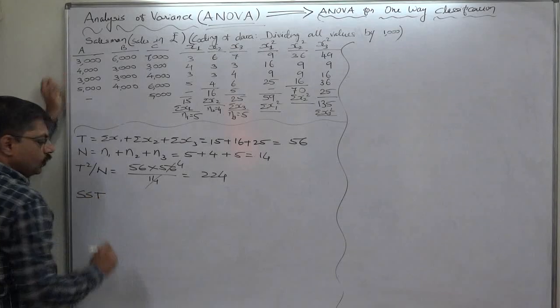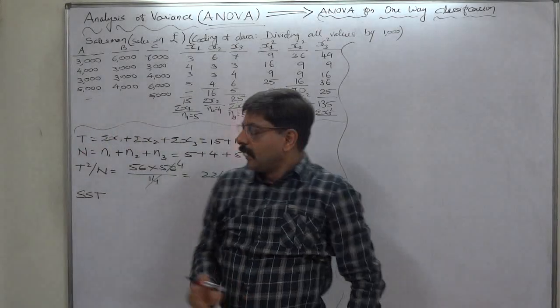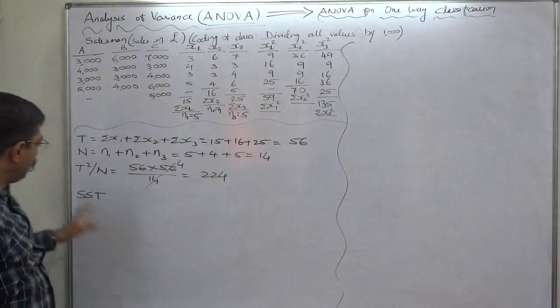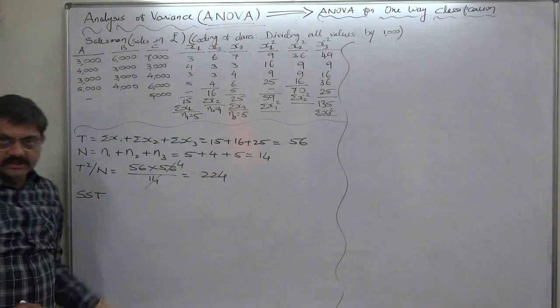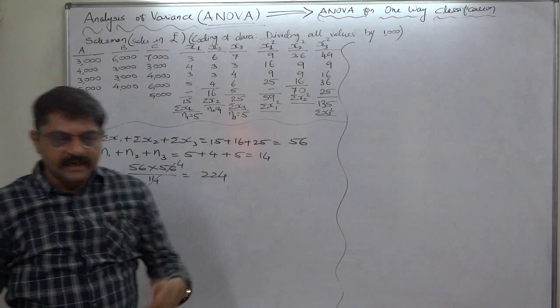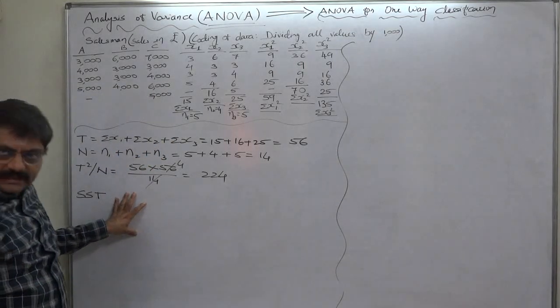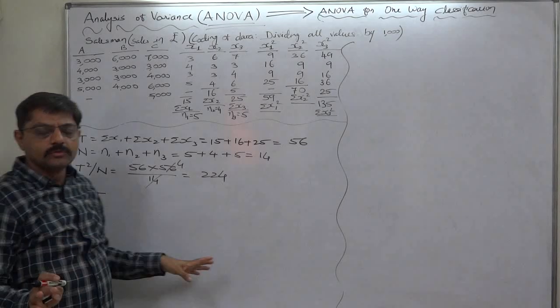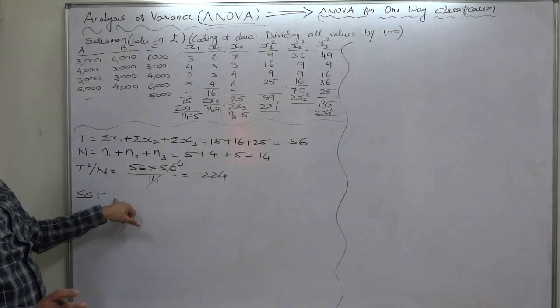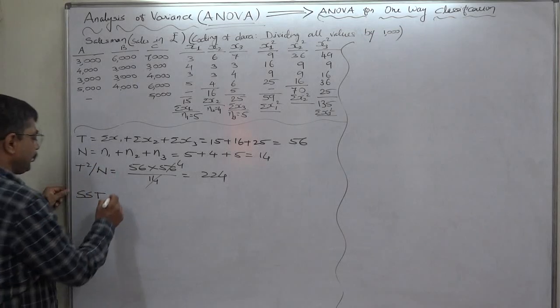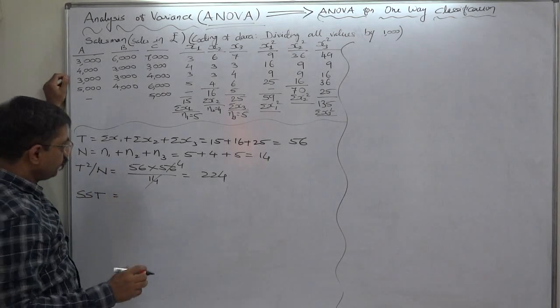Now SST, total sum of squares. I have already discussed the full forms of all these terms in the previous lectures. So in this and the next few lectures we shall be directly writing the main title of the calculation only. What is the formula of SST?